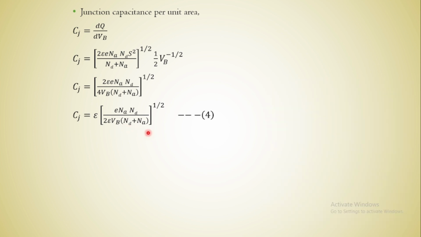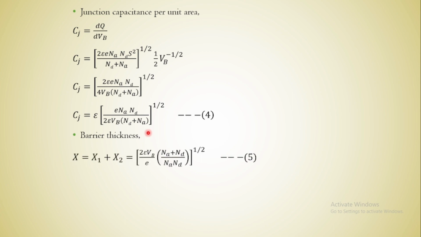So if you could recall from our last class, we have the barrier thickness or width of the depletion region as x equals x1 plus x2, which was equal to square root of 2 epsilon Vb divided by e into Na plus Nd divided by Na Nd, which we are calling equation number 5 here.